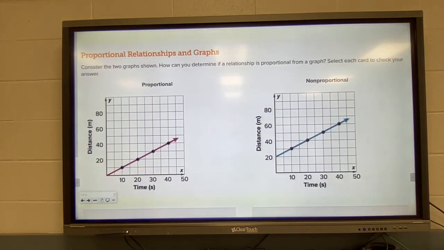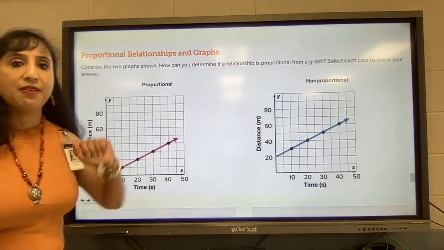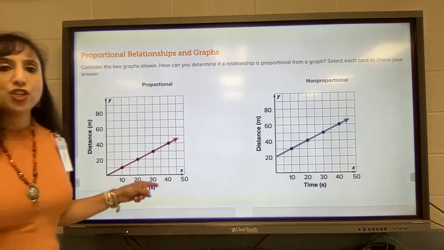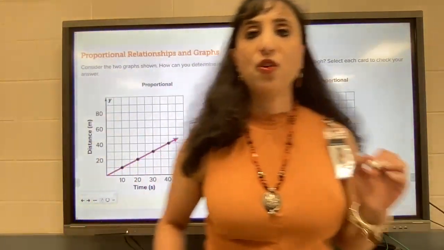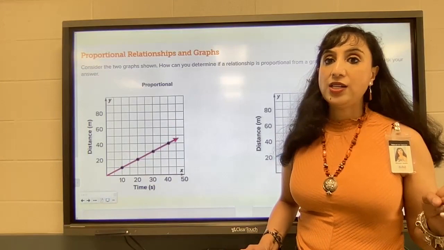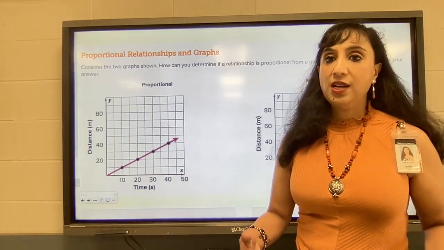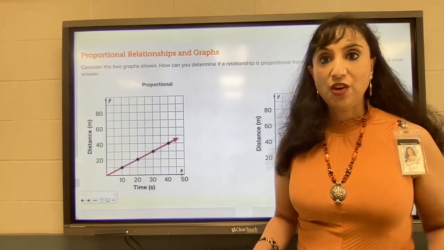All right, so let's look at these graphs. How can you determine if a relationship is proportional from a graph? If I'm looking at this graph, I know this is proportional. First and foremost, for your graph to be proportional, it has got to pass through the origin. And origin means where the ordered pair is 0, 0.